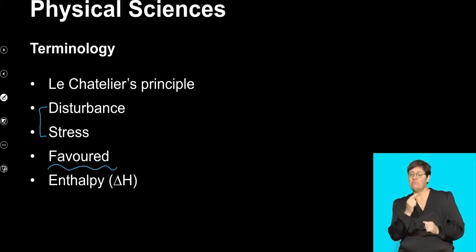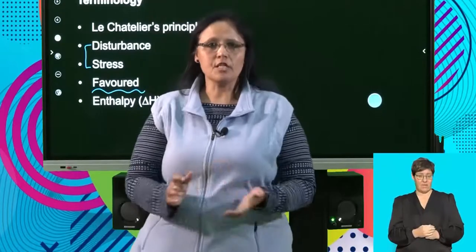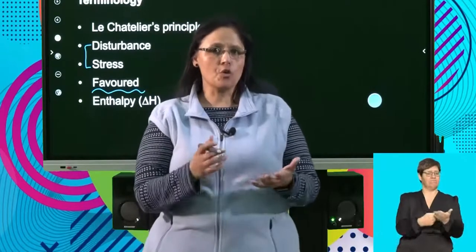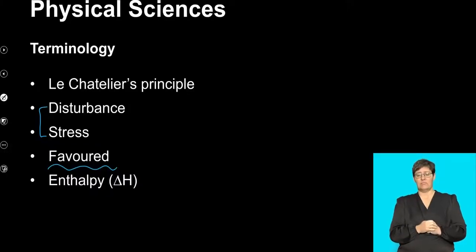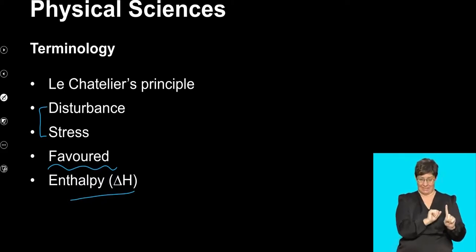When we look at chemical equilibrium, we know that it must happen in a closed system, and it should always be a reversible reaction. With the reversible reaction, we're also going to talk a lot about our delta H, or our enthalpy, and we will refer to this a lot as we work further with Le Chatelier's principle and chemical equilibrium.